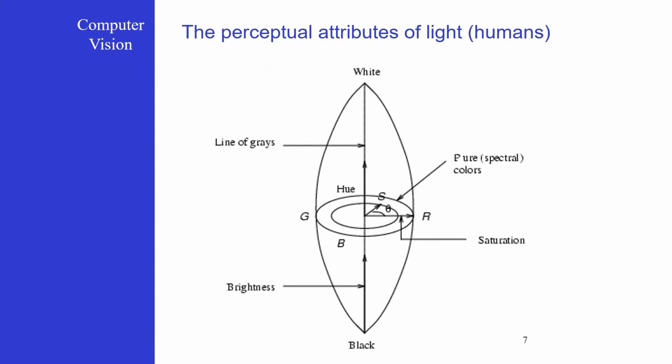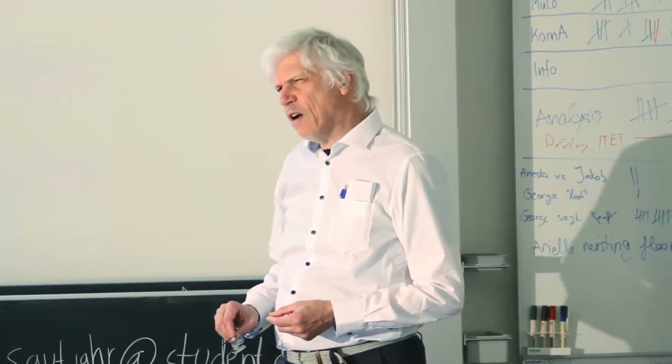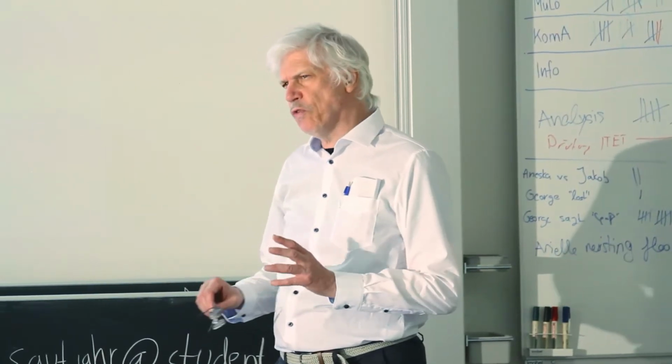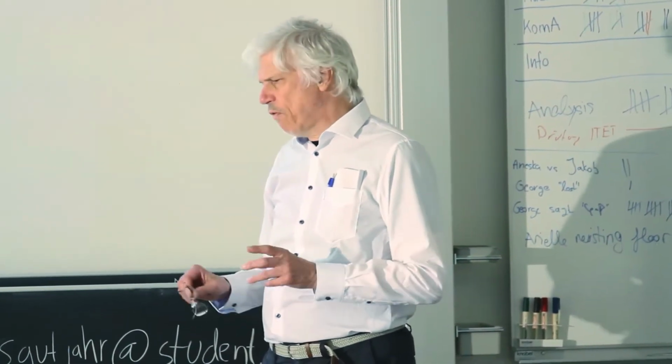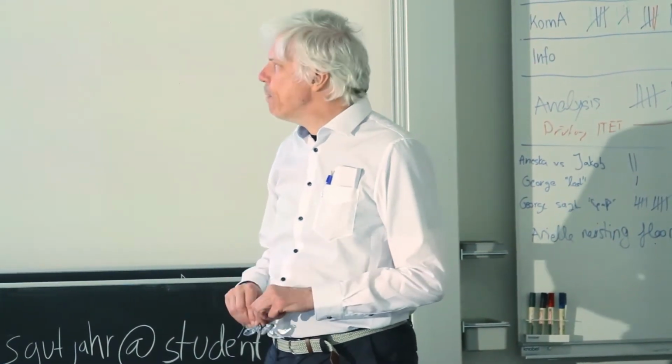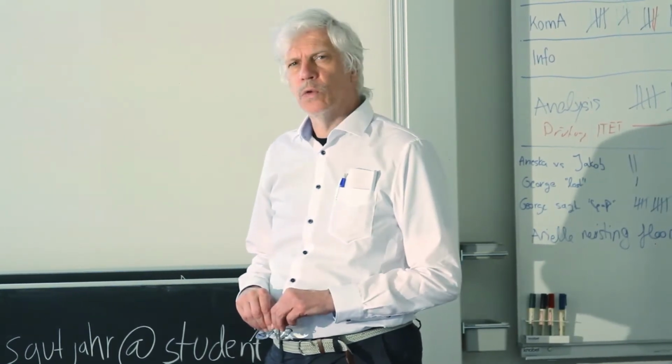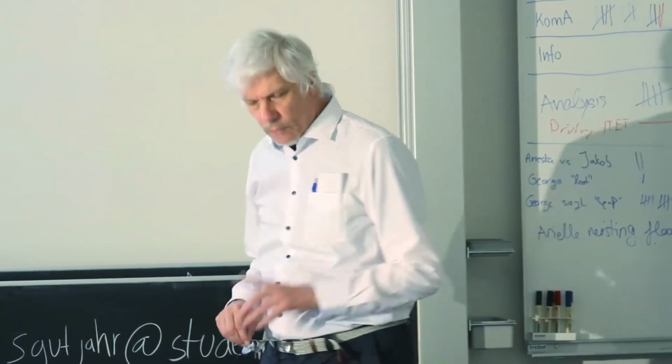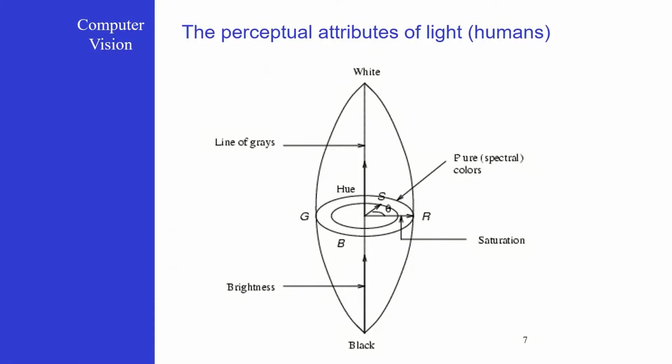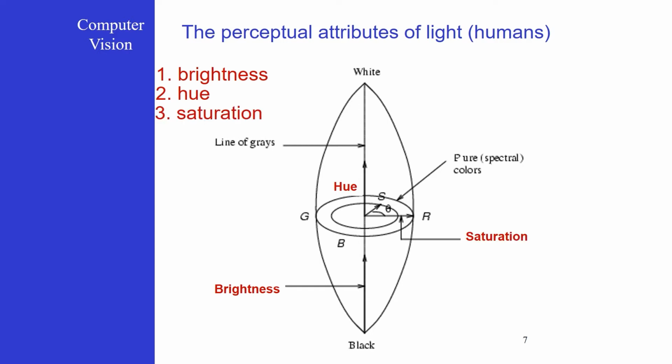So, light. We see it, but how would we experience it? Well, you could say that there are 3 dimensions, 3 different types of overall features that people will assign to light. And these are the following. We have brightness, we have hue, and we have saturation.